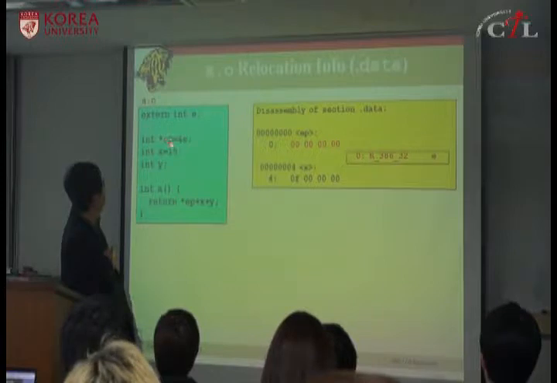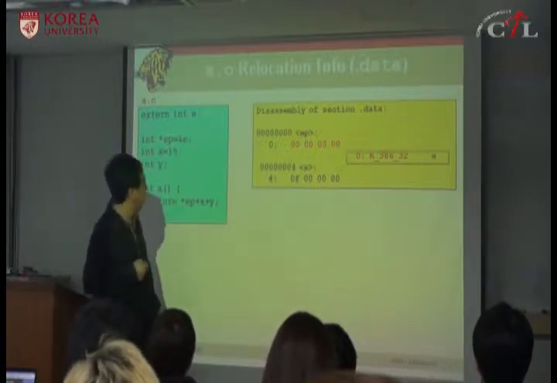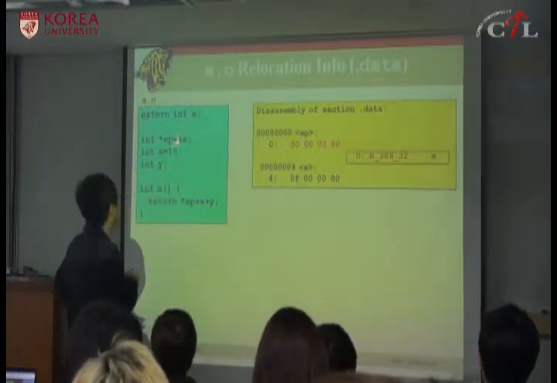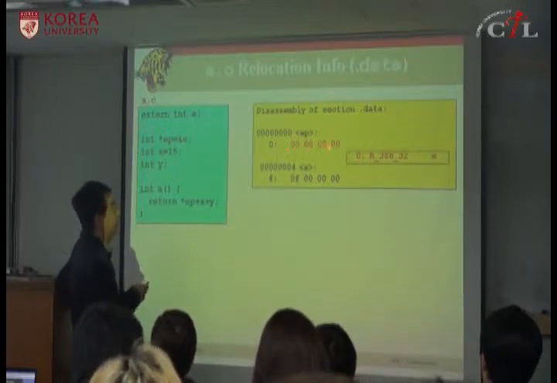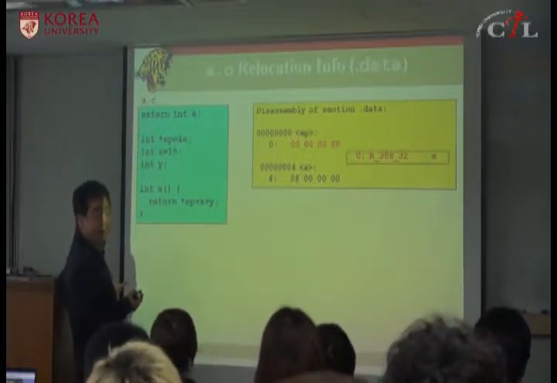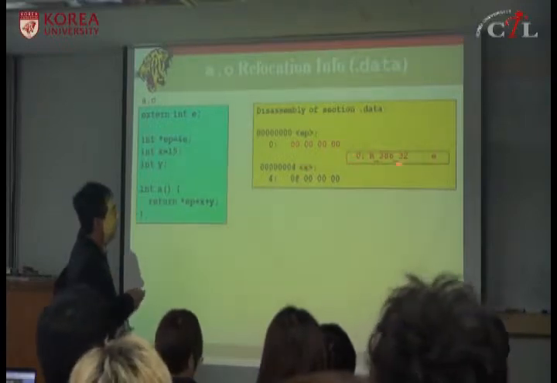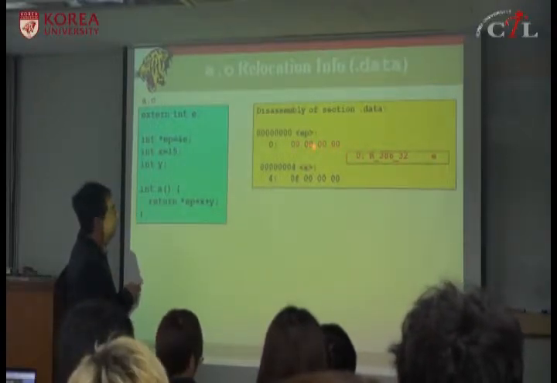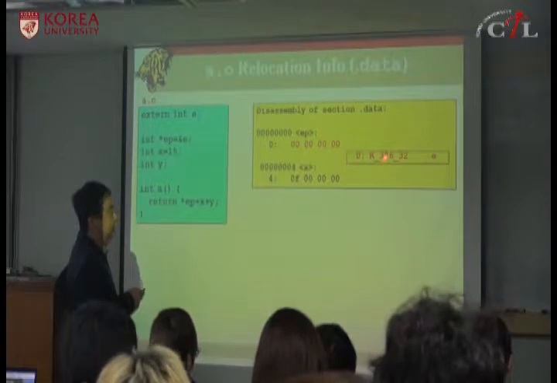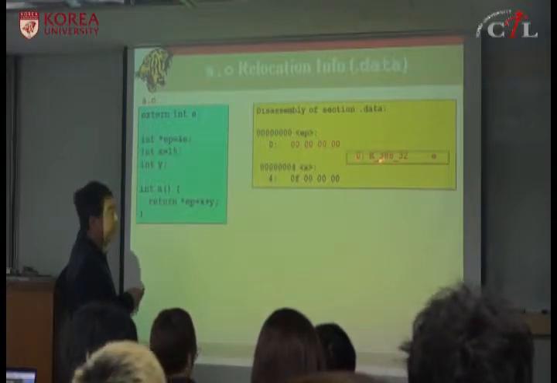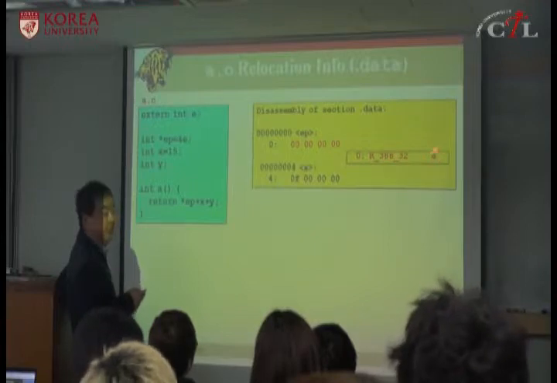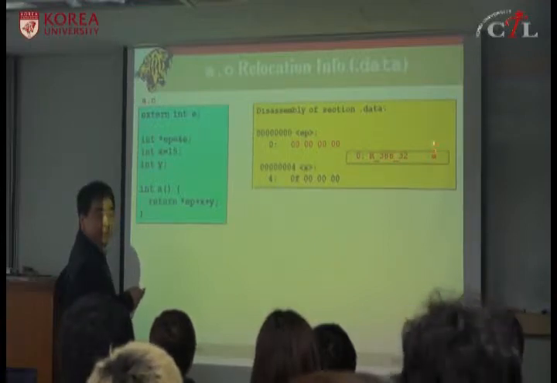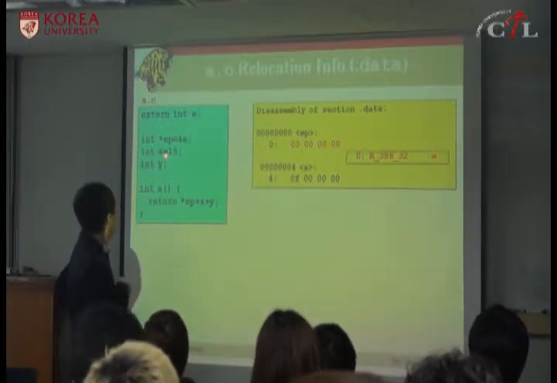Data segment, first one goes to the EP. EP should have the address of E. But address of E is unknown. Okay? So they also mark this address as unknown, and they should use absolute address. For all the data address, they should use absolute address, and the address should be the address of variable E, symbol E.